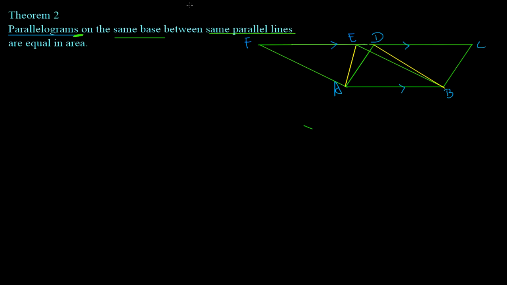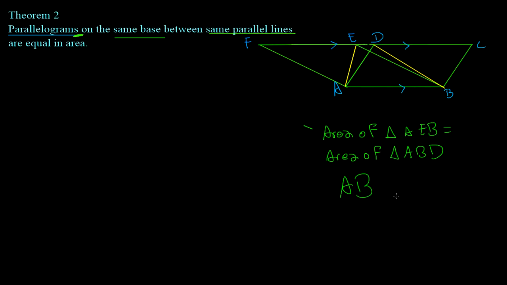So from theorem 3 we got that the area of triangle AEB is equal to the area of triangle ABD, because they are standing on the same base AB and between the same parallel lines AB and FC. So from theorem 3 we got this.